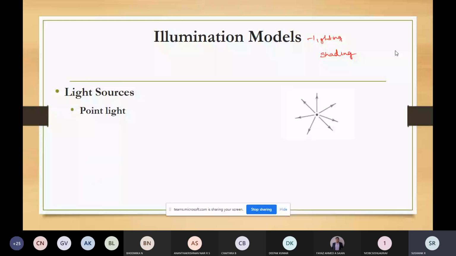It's a model for calculating the intensity of light at any point on the surface of the object. Surface rendering is a function for applying the lighting model to obtain the pixel color for all the surface positions. We should keep these two things in mind, and also we'll study the properties of light.